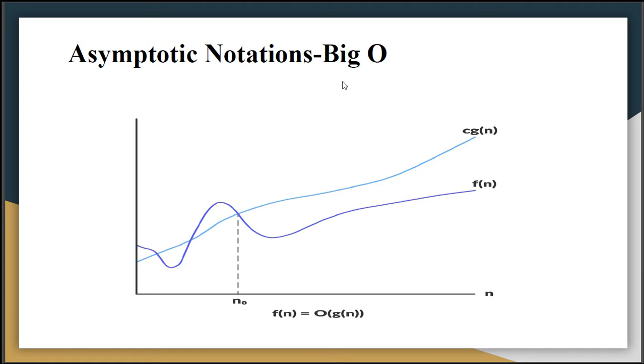All these three asymptotic notations are specifically used for identification of time complexity or in some cases space complexity. Let us try to identify one by one.